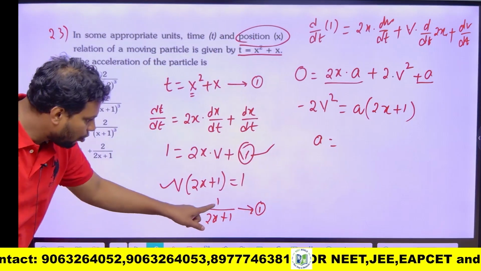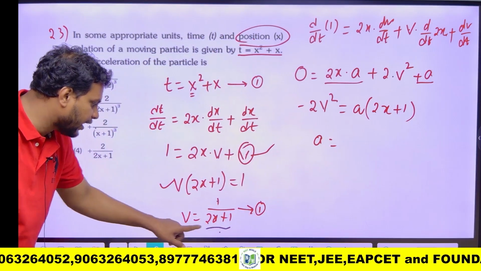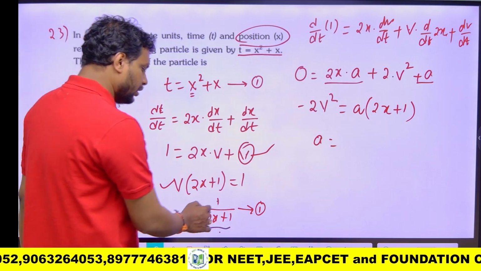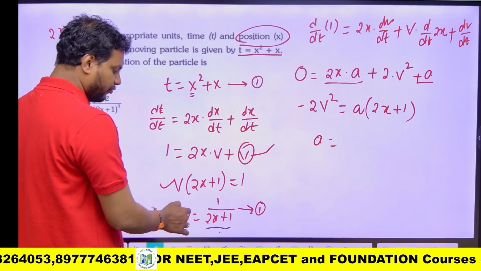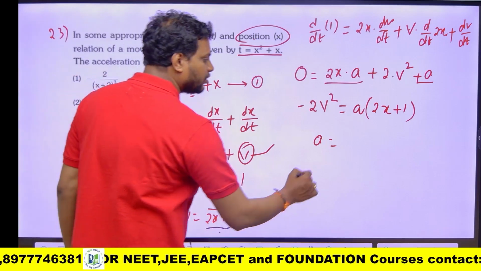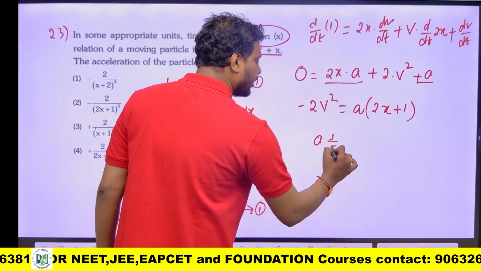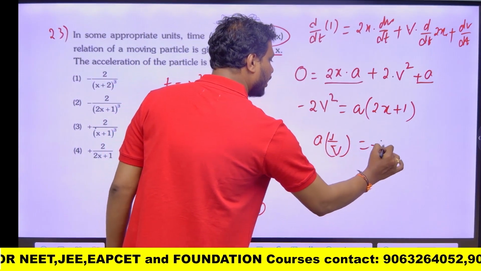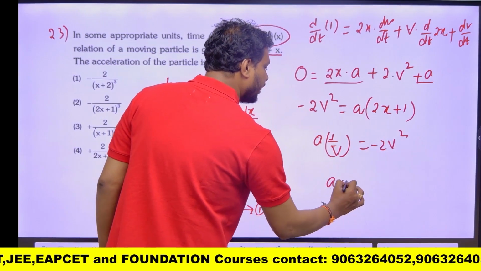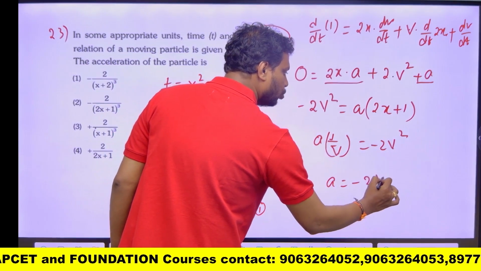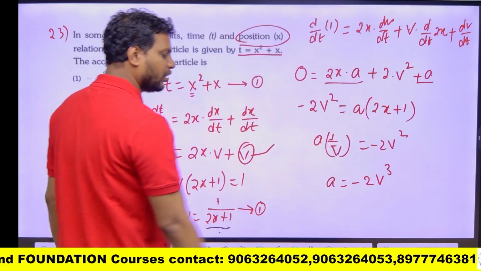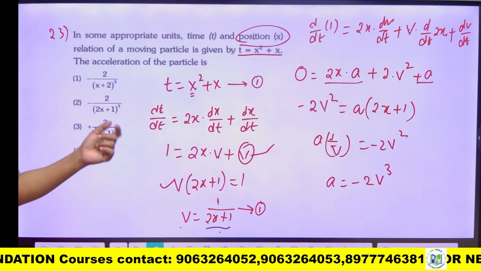You can write 1 by 2x plus 1 as v, or 2x plus 1 is 1 by v. Then a into 1 by v is equal to minus 2v square, or a is equal to minus 2 into v cube, because if v goes to the other side, it becomes 2 into v cube. So this is the answer.